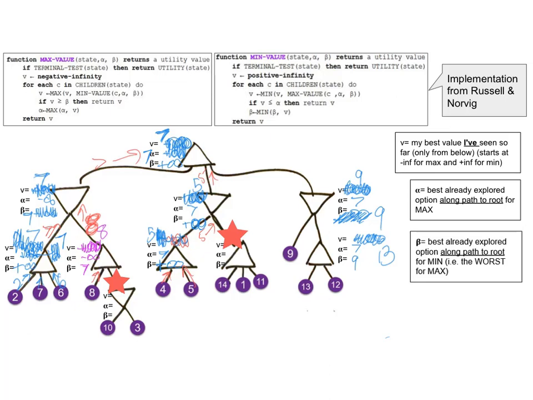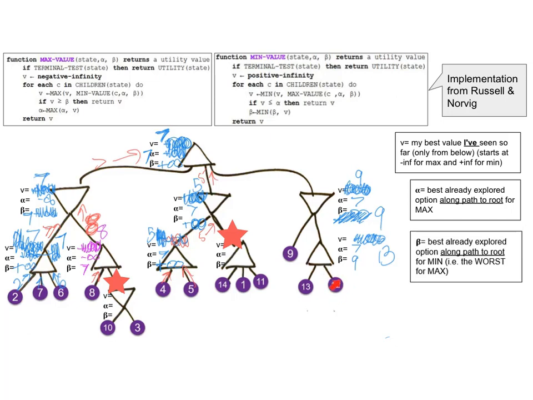And, oops, sorry. And is V greater than or equal to beta? Let's see. We've got a 13 so far on this max node, and that is in fact greater than or equal to beta. So this is going to tell us you can just return V. Because look at this. Max might, we don't know what's in this 12, right? We might not have seen the 12 yet. Well, we haven't seen the 12 yet, right?